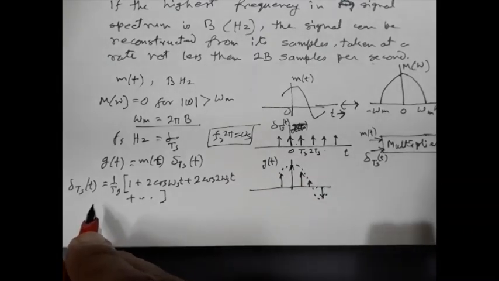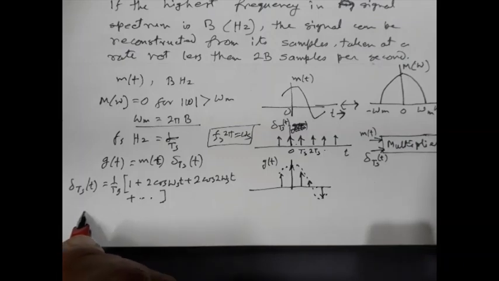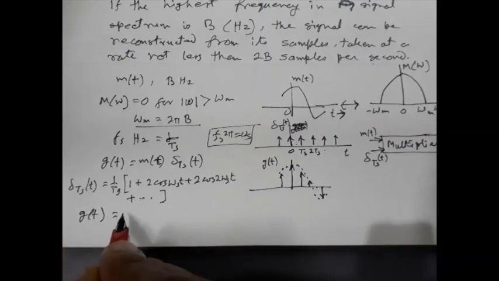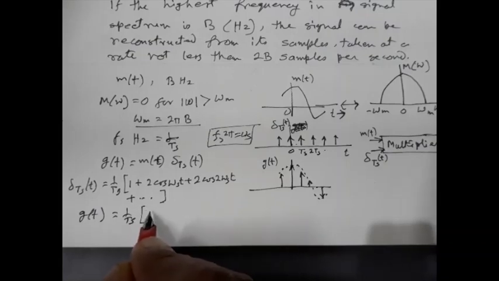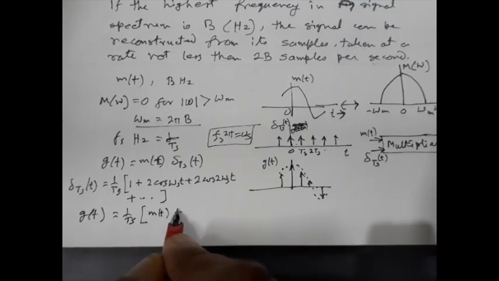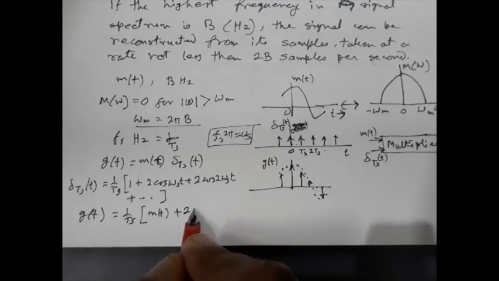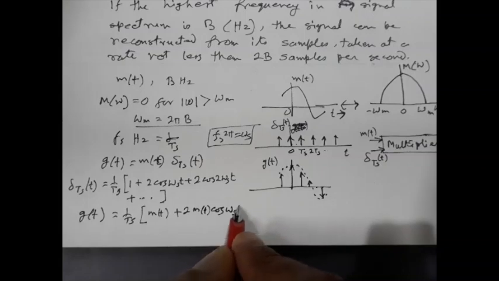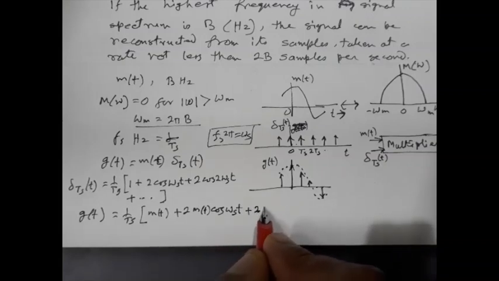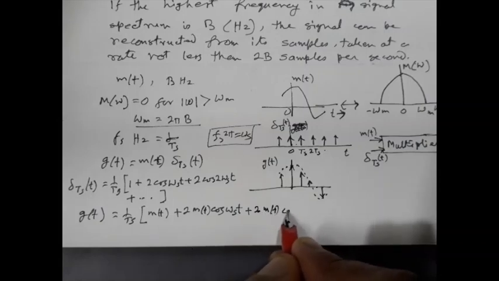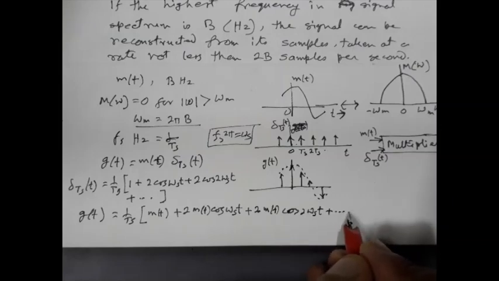So g(t) can be written as 1 by Ts into m(t) plus 2 m(t) cos omega s t plus 2 m(t) cos 2 omega s t plus so on.